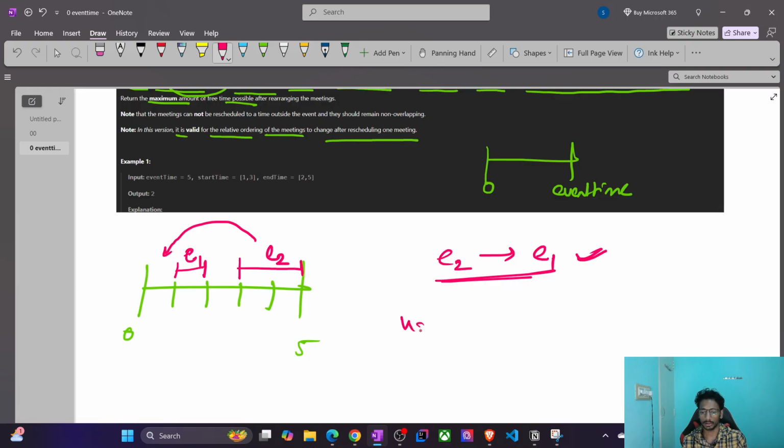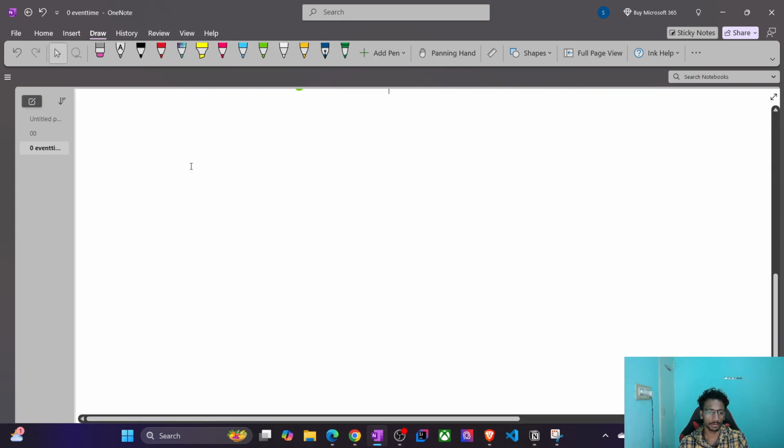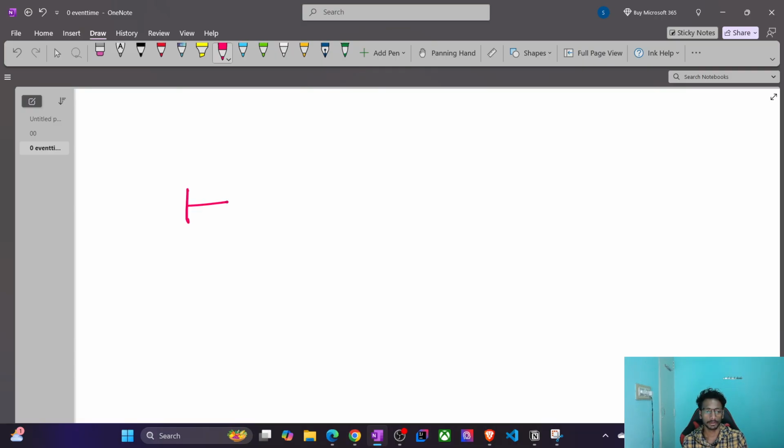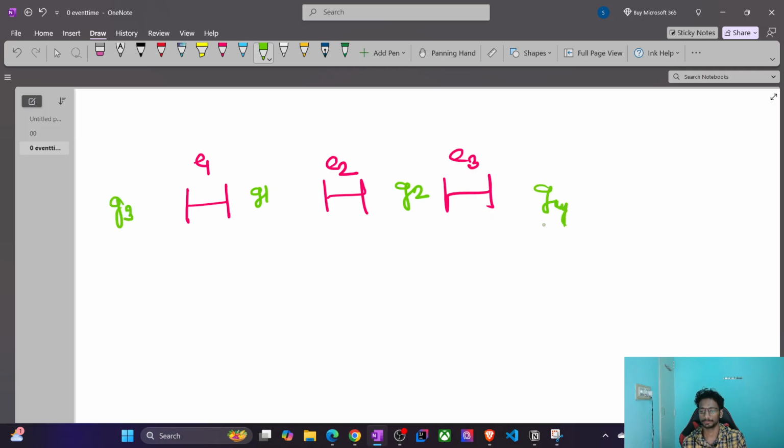Now in this problem, we can reschedule at most only one meeting. Suppose we have these 3 events: event 1, event 2 and event 3. So this is gap 1, this is gap 2, gap 3 and gap 4. Suppose I want to reschedule event 1.